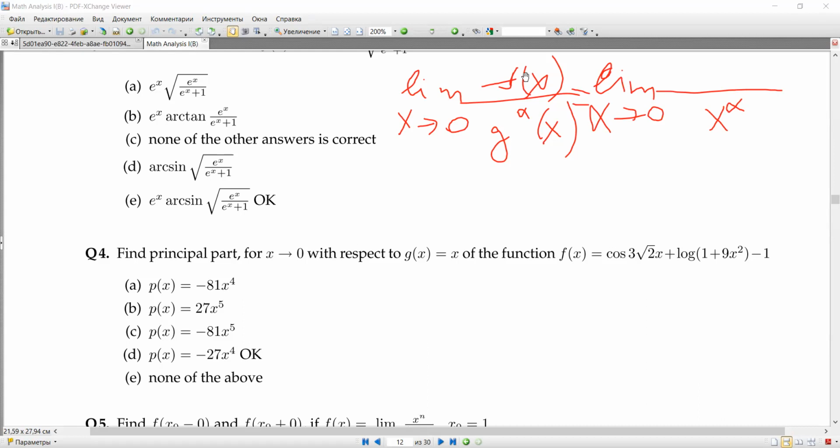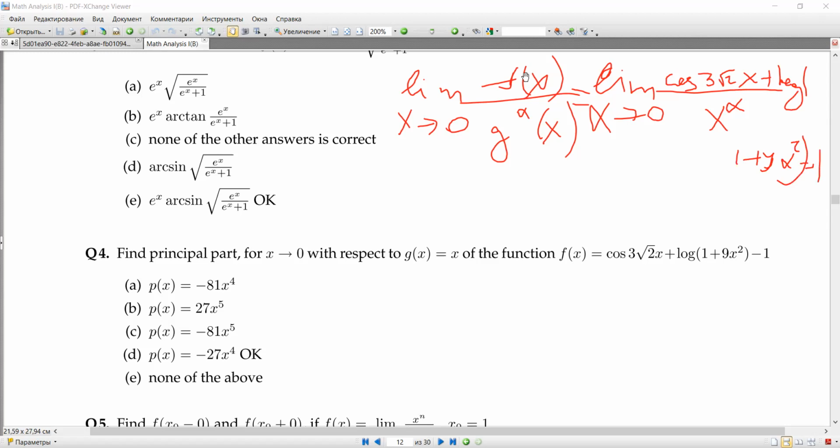And cosine of 3 square root of 2x plus logarithm of 1 plus 9x squared, minus 1.